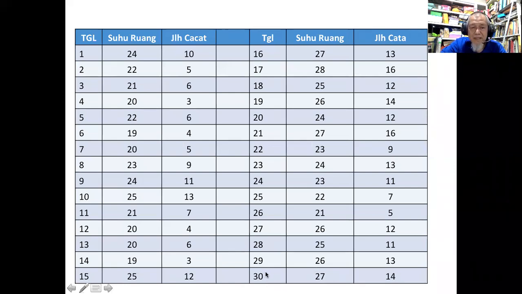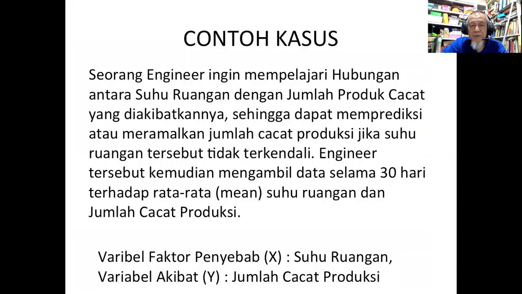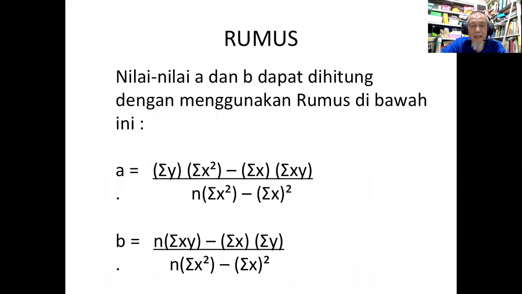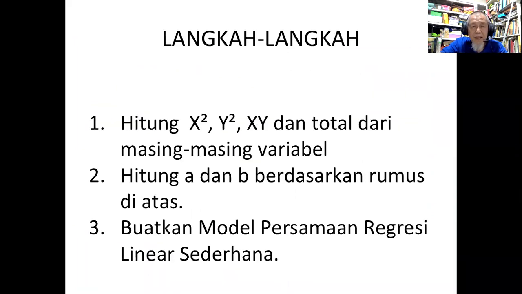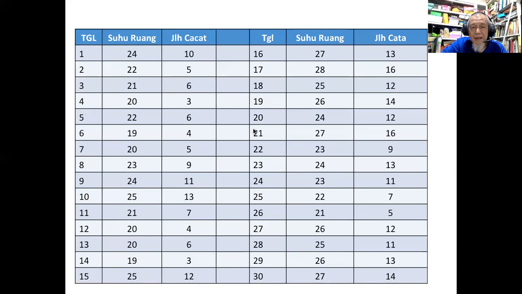Now we would like to find the constant and the regression coefficient. We would like to use the formula here, and then we have to find in our worksheet the sum of x squared, the sum of y squared and the sum of xy. So we have to find these using our worksheet. We'll square each of these temperatures and the numbers of defective products.